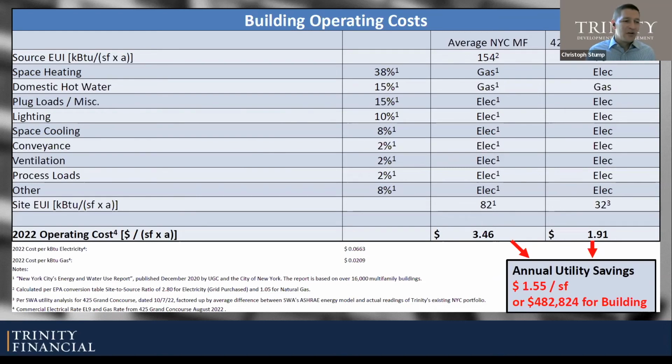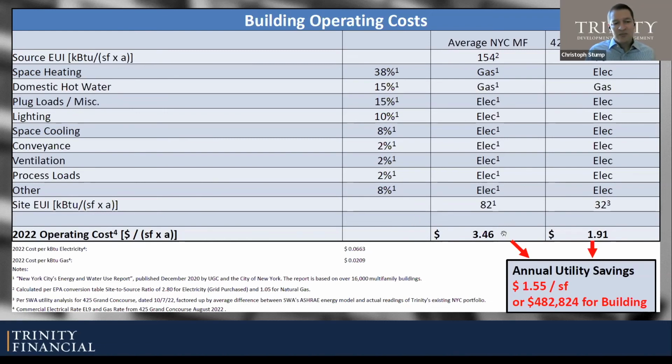And now, if you know the mix of the various energy sources in the building, and we do know these because these are benchmarked, we know the distribution between gas and electric fuels, and we have local utility rates that we can apply. So we apply local utility rates. Don't read the fine print. You can take a picture or a screenshot, read it later.